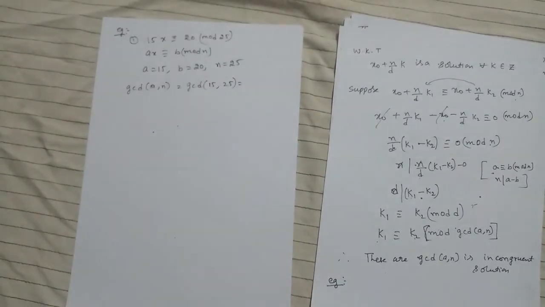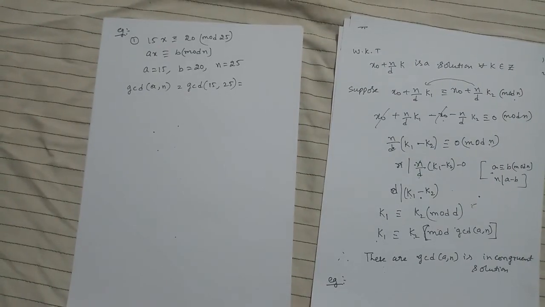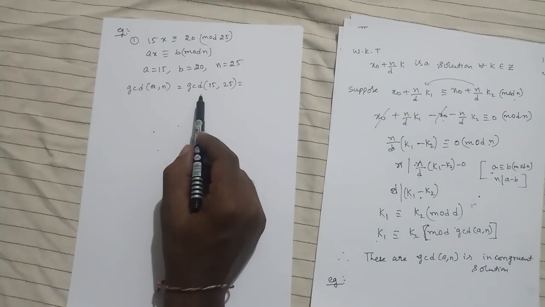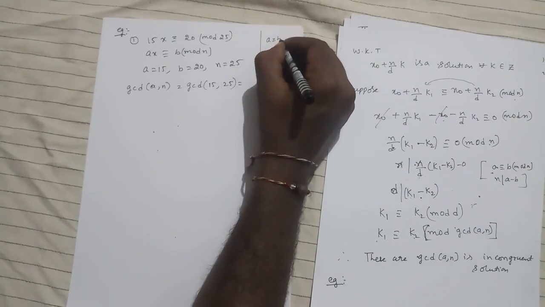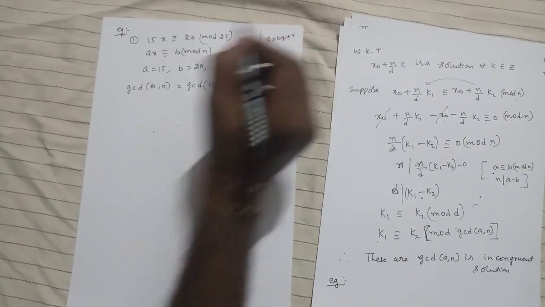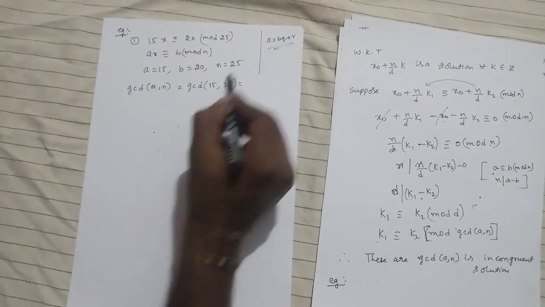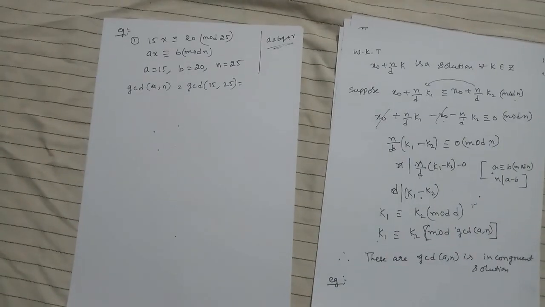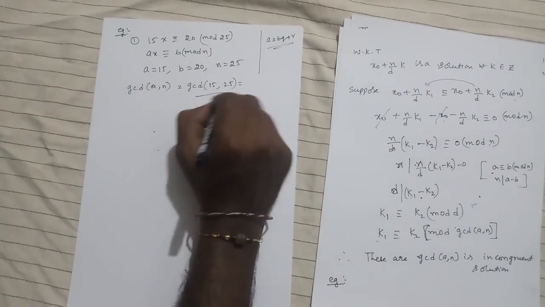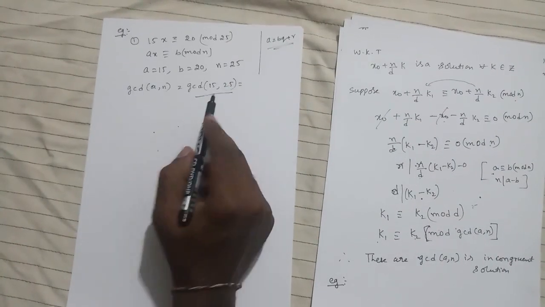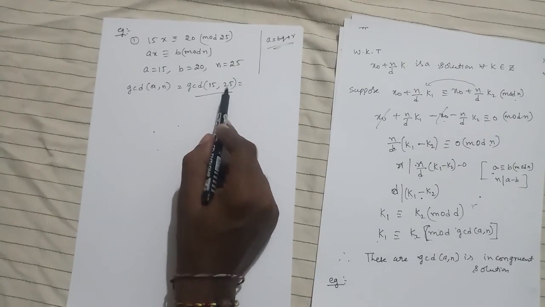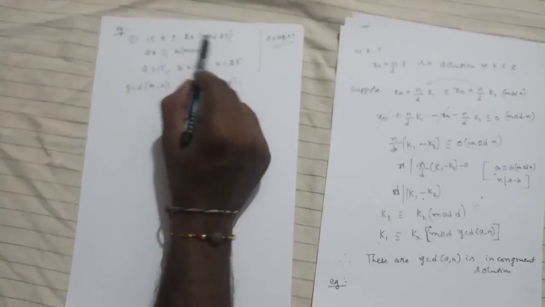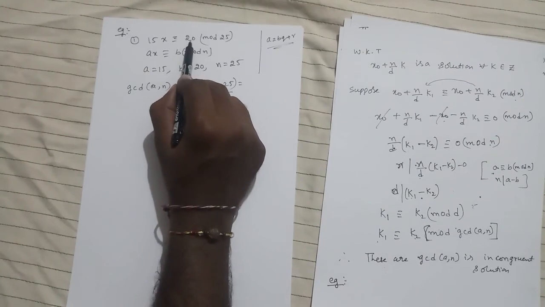What is the GCD? You can find the GCD by the Euclidean algorithm, remember that one: a equals bq plus r. Using this you can find out the GCD also. Now I will write directly for this one. Both are divisible by 5, and 5 also divides 20.